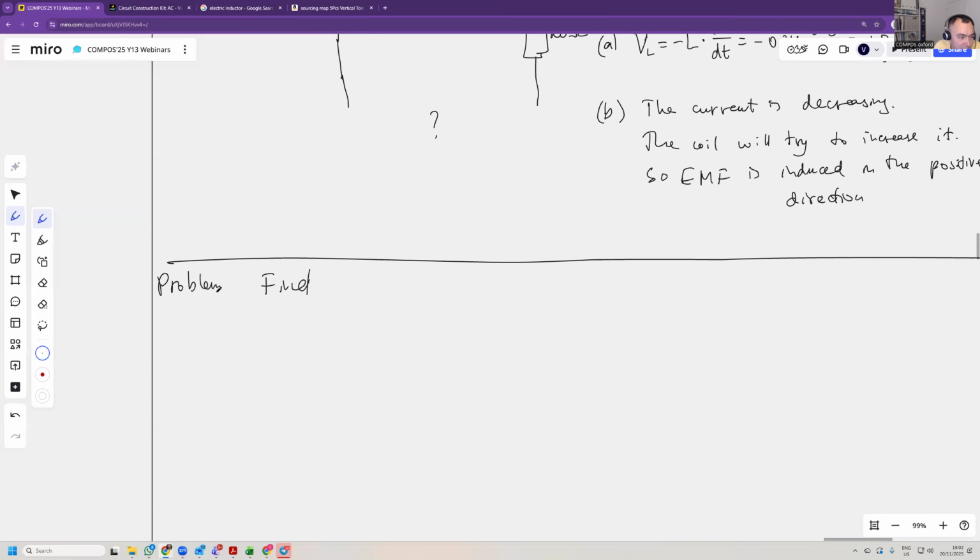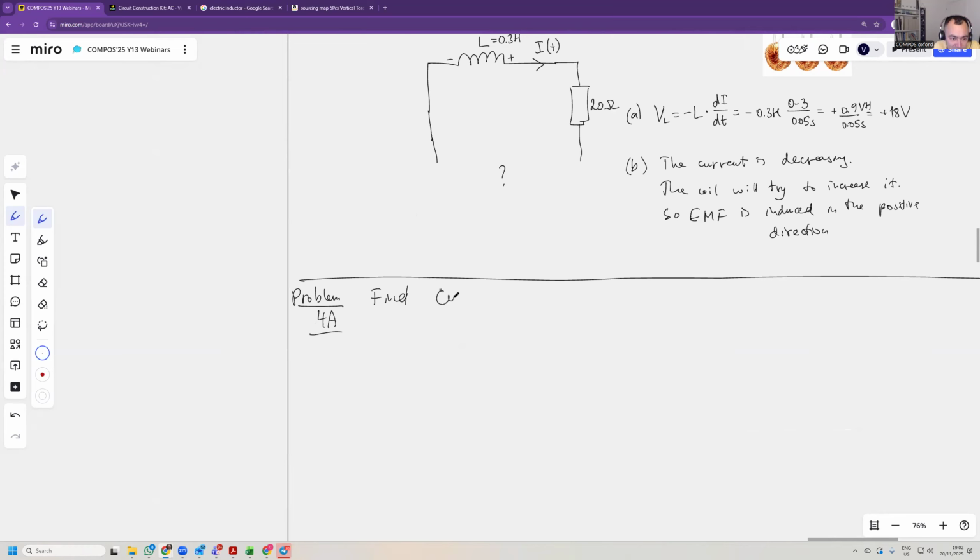Find the current in the circuit as a function of time. And it's the same circuit, a 20 ohm resistor, and the inductance is still 0.3 Henry.